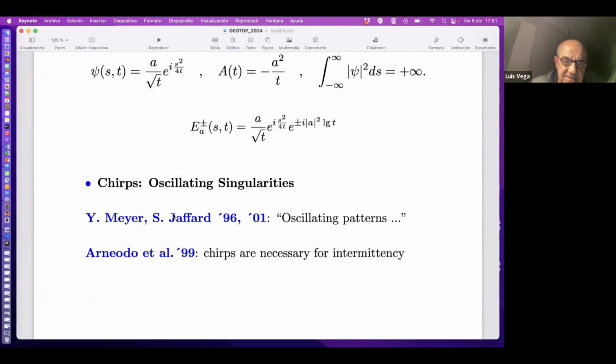They were very much interested, when working with wavelets, in describing turbulence, and in particular, there is an old paper by Arneodo and collaborators which says that if you want to describe intermittency in turbulence through vortex filaments, you really need chirps, and this is probably the simplest prototype of a chirp.